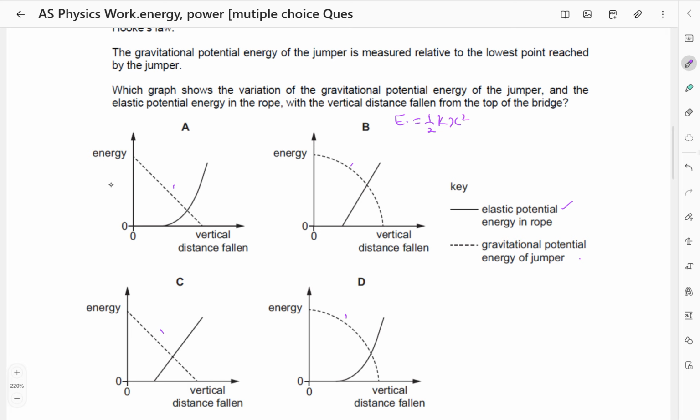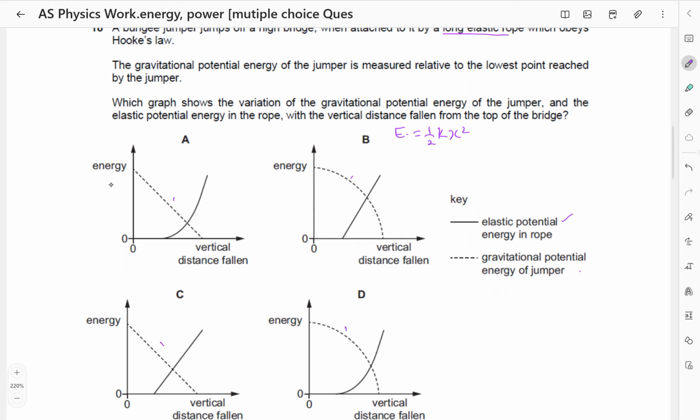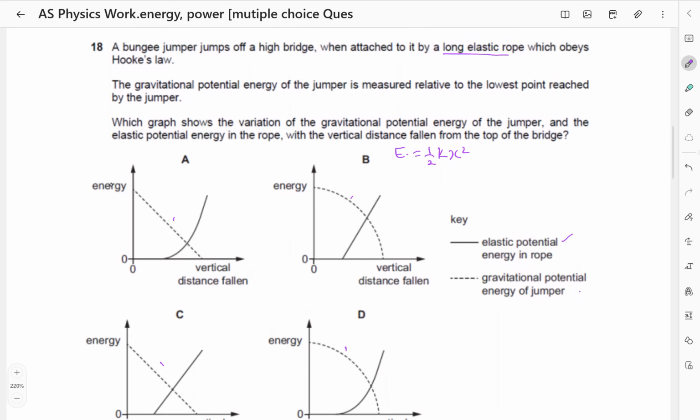Before the bungee jumper has just started jumping and the rope has not stretched, there is no elastic potential energy. That means initially he will travel a certain vertical distance before the rope starts stretching. When the rope starts stretching, then it will be gaining elastic potential energy.